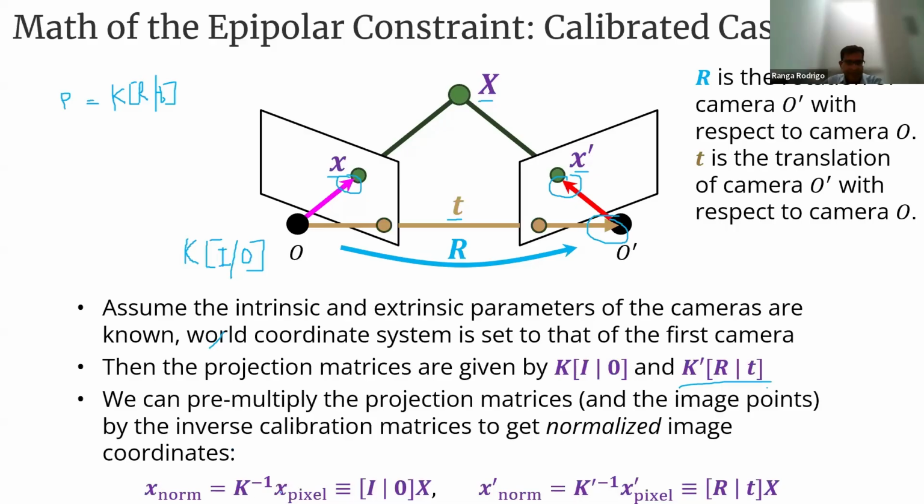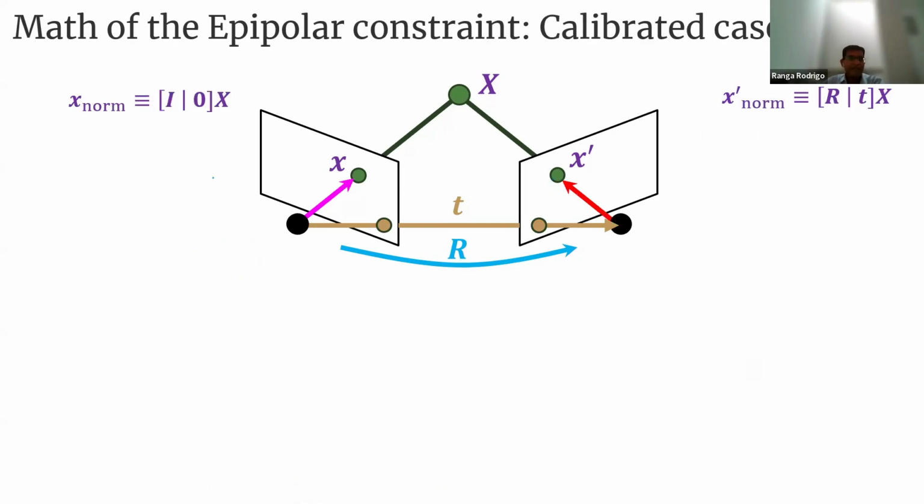Second camera, let's call it K prime [R|T]. So we normalize these pixel coordinates by multiplying by K inverse, and this one by K prime inverse. So you have [I|0]X and [R|T]X. Take the K to the other side. So the normalized coordinates: x norm is this one, x prime norm is this one.